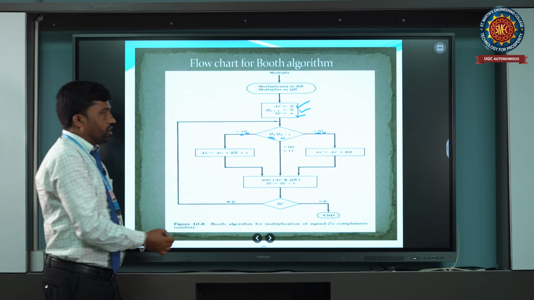Then this bit moves here, this bit moves here, this bit moves here, and so on. So it is shifted, and here we discard the least significant bit of the first operation. This is the arithmetic shift right operation.